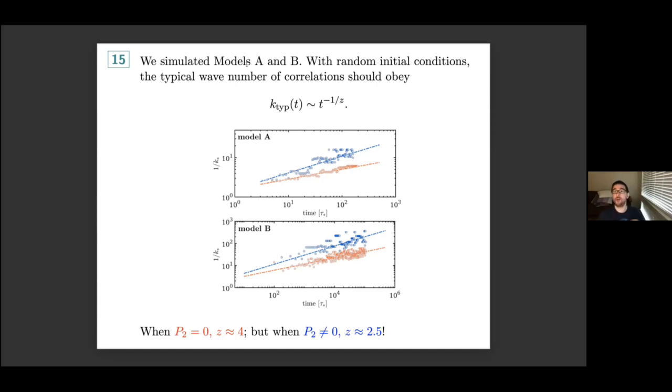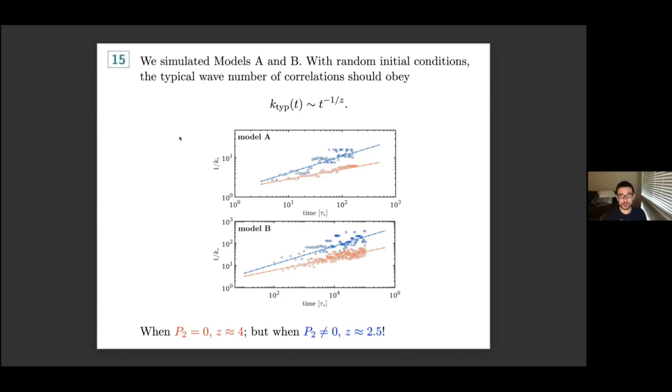And why is that? Well, within linearized hydrodynamics, if we have density fluctuations at wave number k, they're exponentially decaying with a decay rate that's going to be k to the 4, within linear response, where z equals 4. So we expect that the typical wave number in this theory is going to be roughly t to the minus 1 over z.